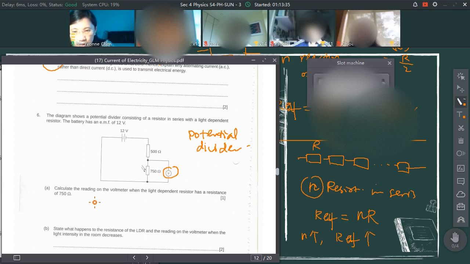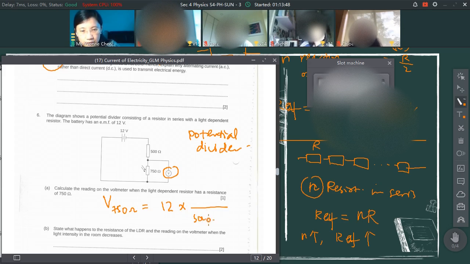We shall use the total. V over 750 ohm equals the total times 750 as the numerator, over 500 plus 750 as the denominator. You shall use this formula. So you can get the answer as 7.2 volts.